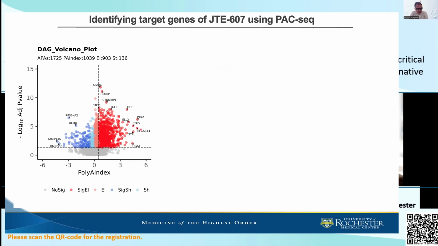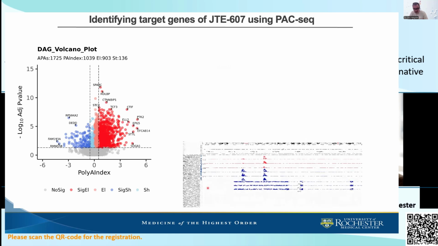We did that PAC-seq and used PolyA-miner, and you get now the opposite result: when you use JTE607, you get broad 3' UTR lengthening because you're inhibiting the RNA endonuclease. That's vividly seen here in these PAC-seq data sets where the drug is causing shifting. This gene is now going from right to left to that distal poly-A site.